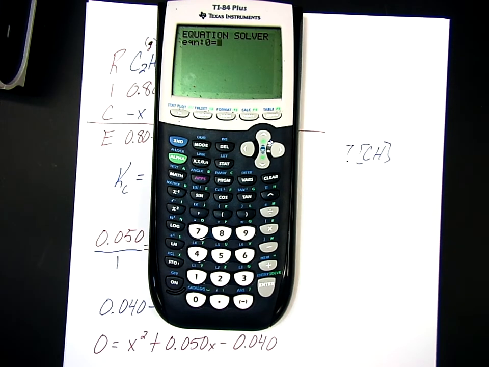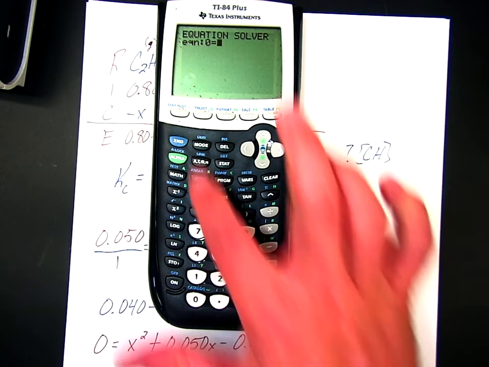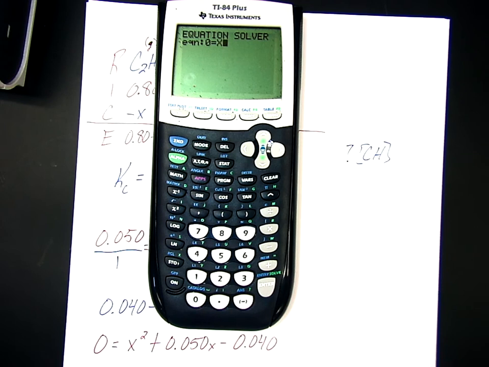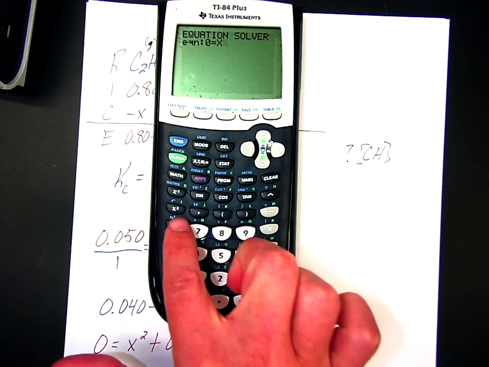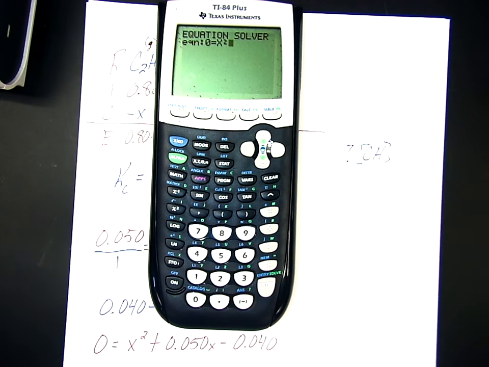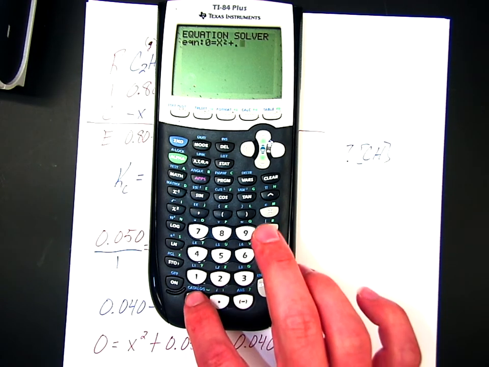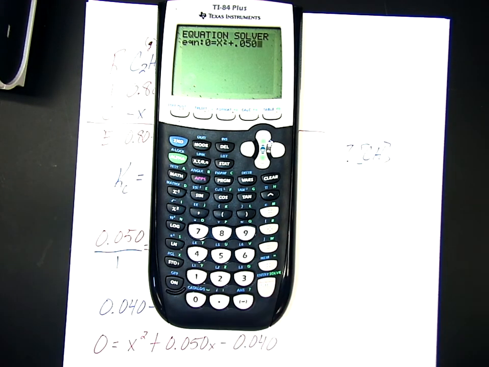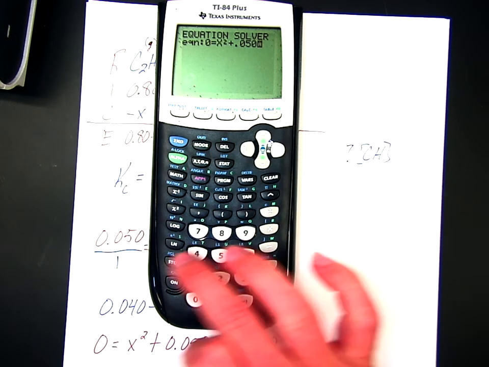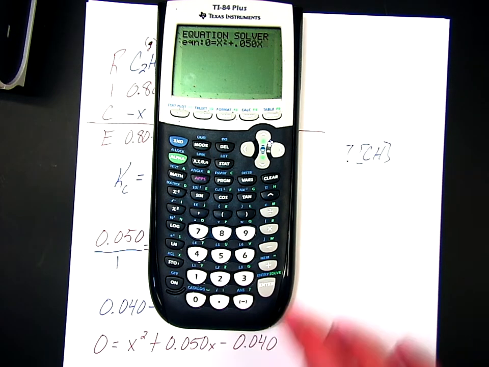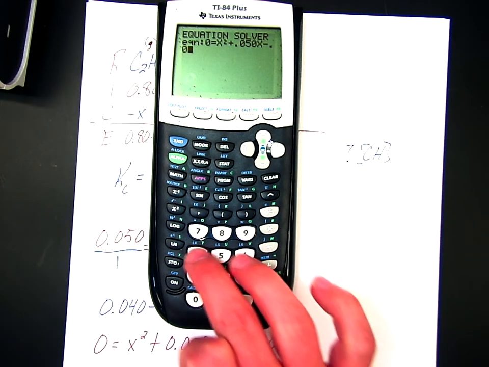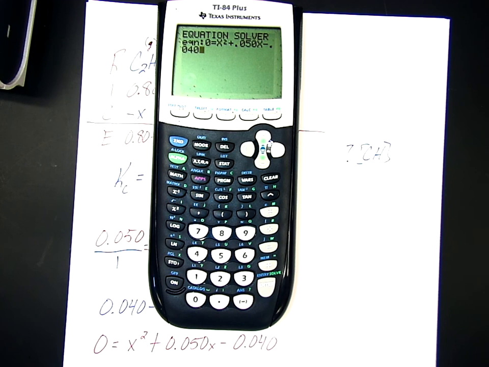There we go. 0 equals, so I'm going to go alpha and the button that'll give me an x. Then I'm going to go to the x squared button that'll make it squared. Plus, and look, I'm just copying this right here, 0.05 x, so alpha and another x, minus 0.04. So there's the equation that we're wanting to solve.